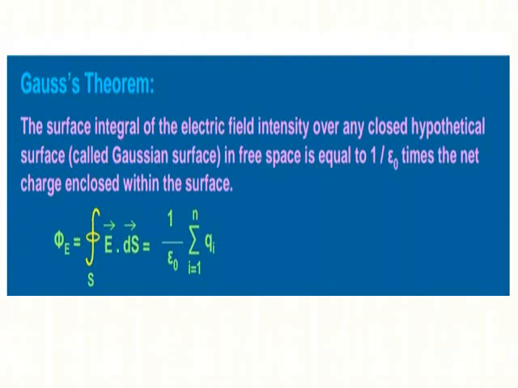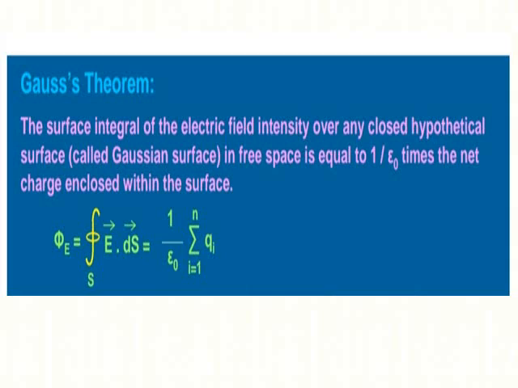Gauss theorem gives the relationship between the total flux passing through any closed surface and the net charge enclosed within the surface. And it states that the total flux through a closed surface is 1 by epsilon naught times the net charge enclosed by the closed surface.